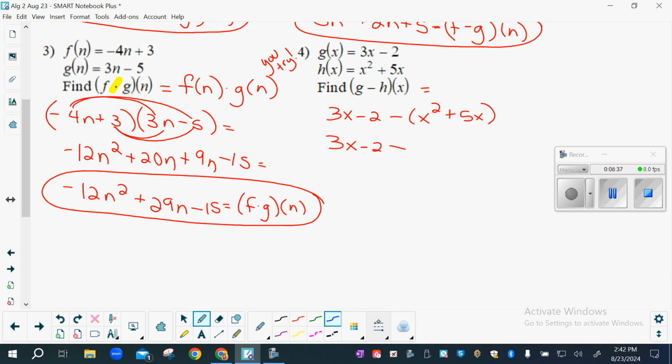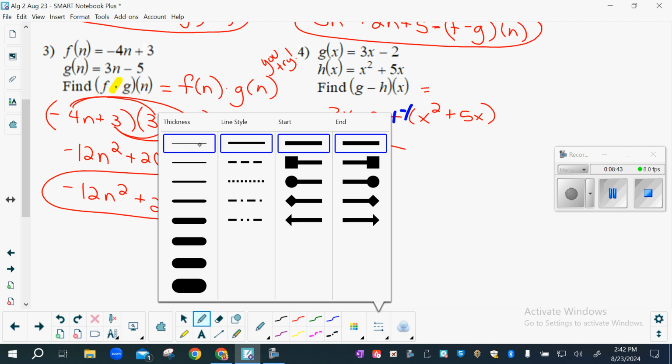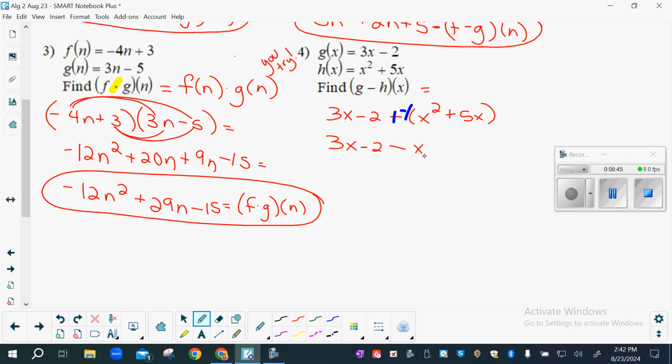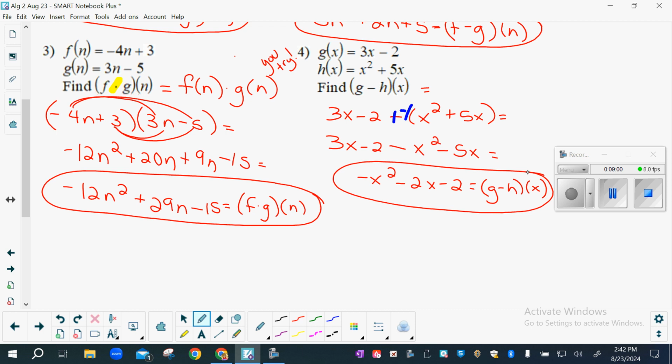We can actually, well, you just don't need to. So remember on this, you want to write it as minus and then put that in parentheses, x squared plus 5x.